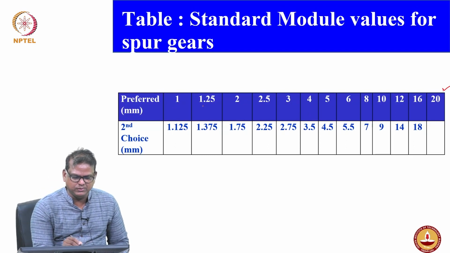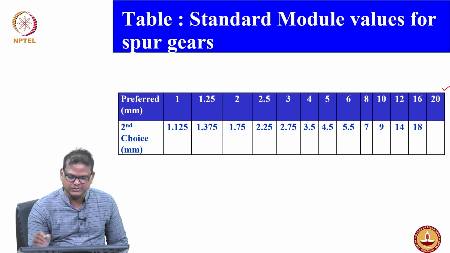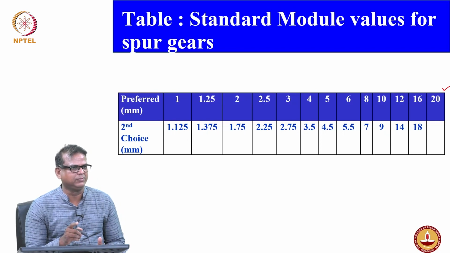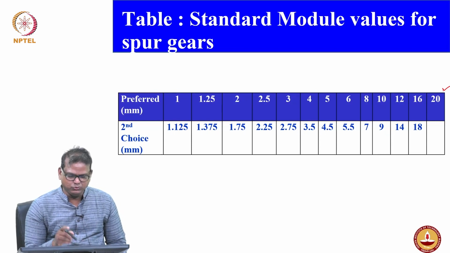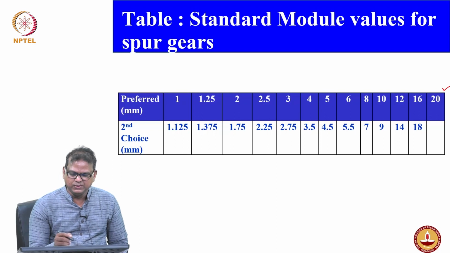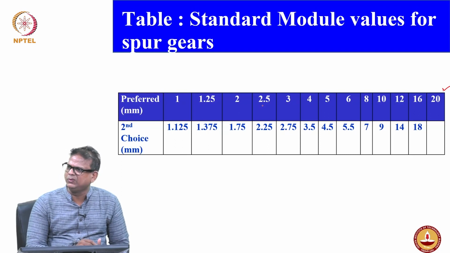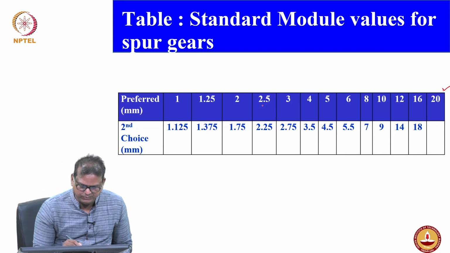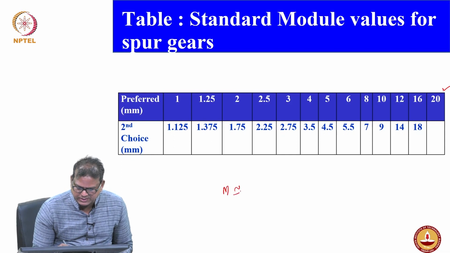So, 1.25, 2, 2.5, 3, those things are given. But the value we got was 2.412, right? So, in that case, can you choose the module as 2.5? Yes. So, from the table we approximately choose m as the standard value, 2.5 mm.